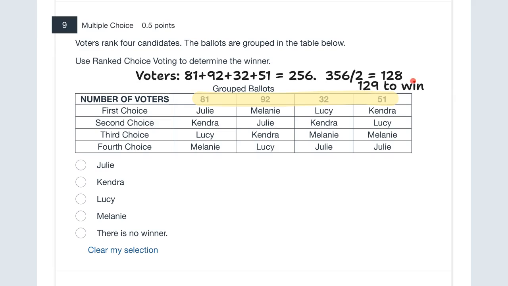We can't have a 128 to 128 tie, so 129 to win. Does anybody have 129 yet? No, no one's got 129.